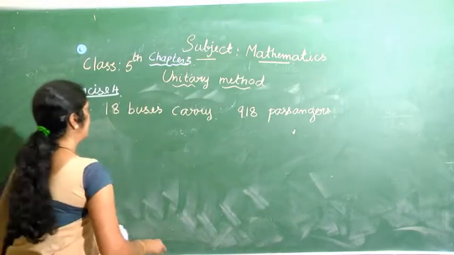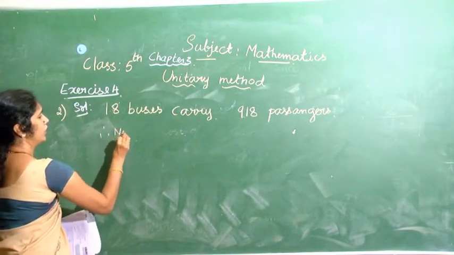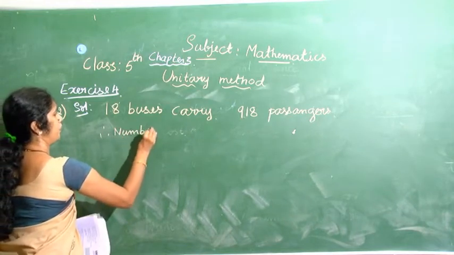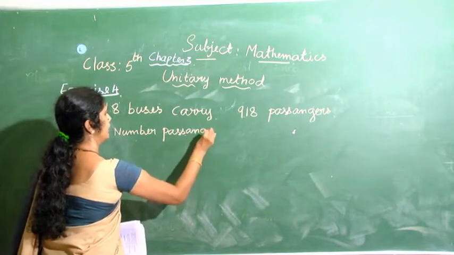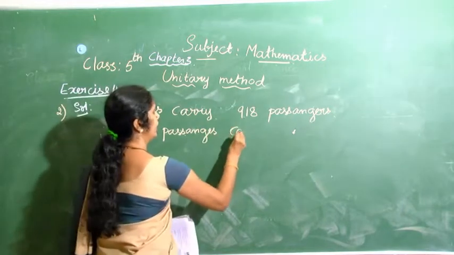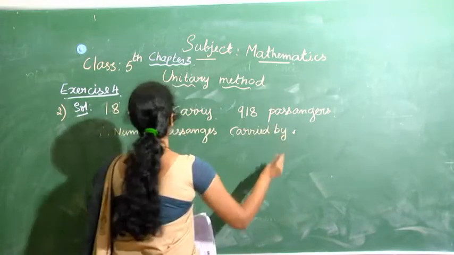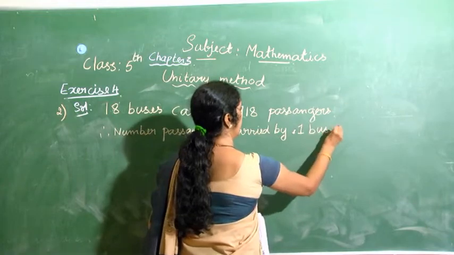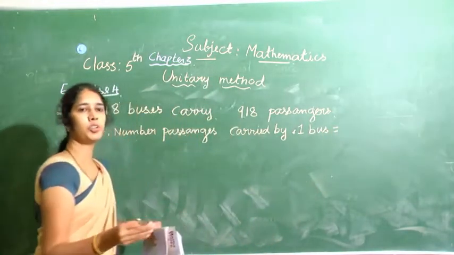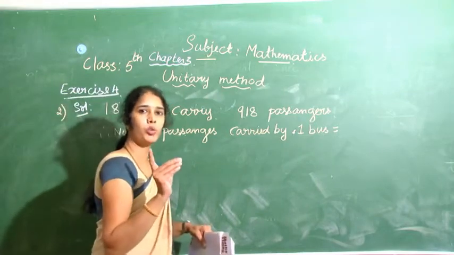Therefore, the number of passengers carried by one bus is equal to, as I told you earlier, first we have to do the division.